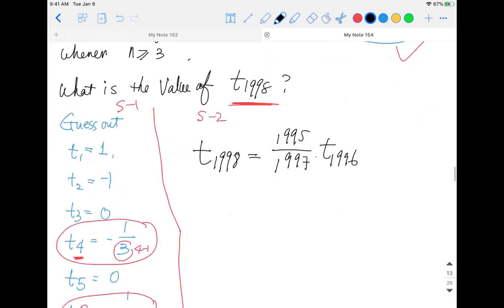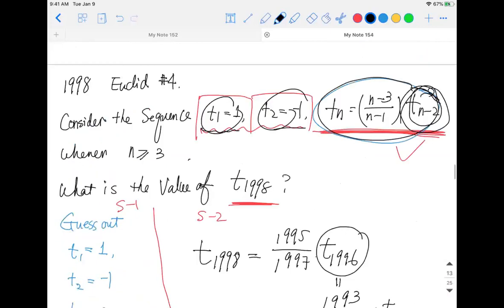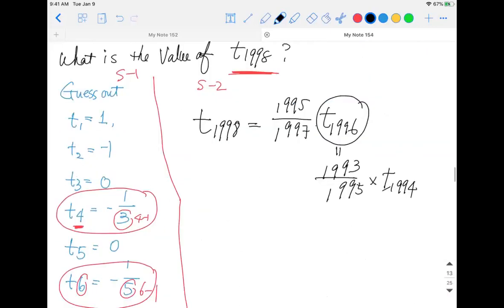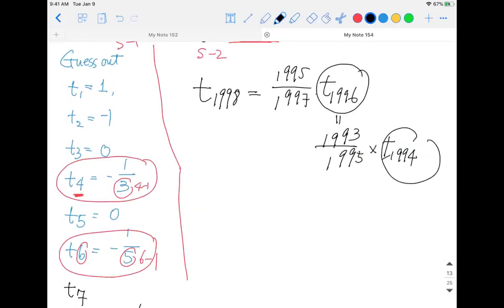And what about this guy? I can further write it as 1993 times 1995 times T1994. Is that right? I keep using this. This 1994 can be further written as 1991 times 1993 times T1992. Is that right?